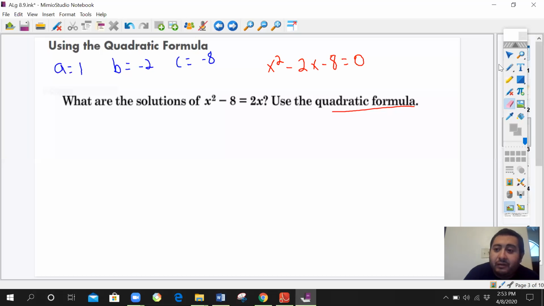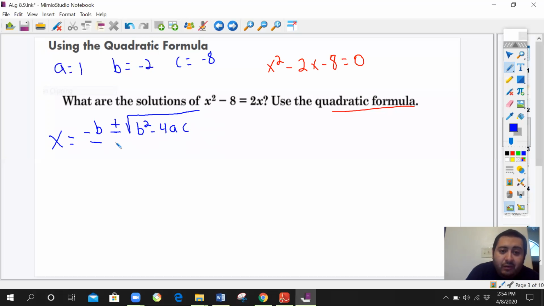So our quadratic formula: x equals negative b plus or minus the square root of b squared minus 4 times a times c, all over 2 times a.